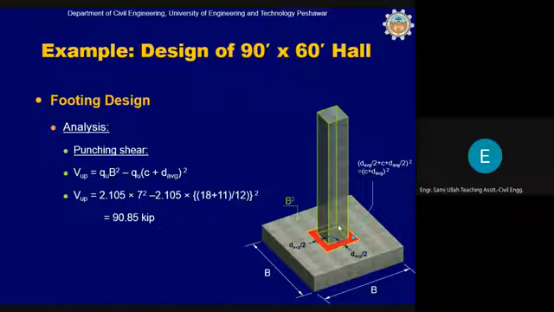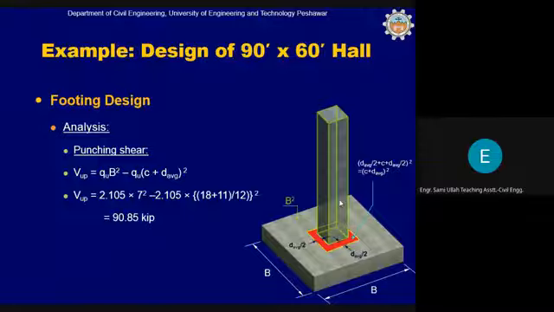If you have a considerable thickness of paper, then it will be difficult for the needle to make a hole in it. In a similar manner, we increase the footing depth in order to avoid this punching of the column into the pad, or making a hole in this pad. So this is avoided in this manner.